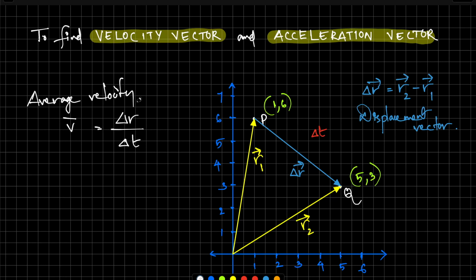So average velocity is the total displacement over total time interval. So I can expand delta R. So V bar equals R2 minus R1 over delta t. And that is average velocity.